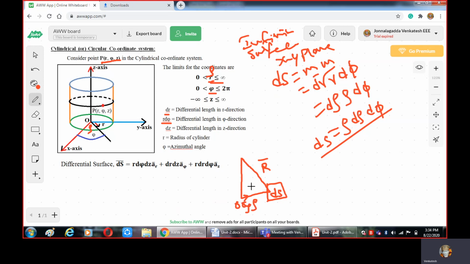So rho into a rho bar, nothing but rho bar. Similarly, the length lying on the z axis is z, and the unit vector is a z bar. So it is z bar.